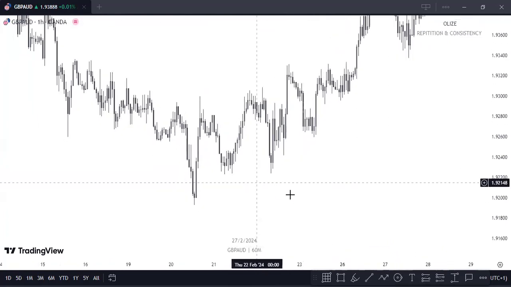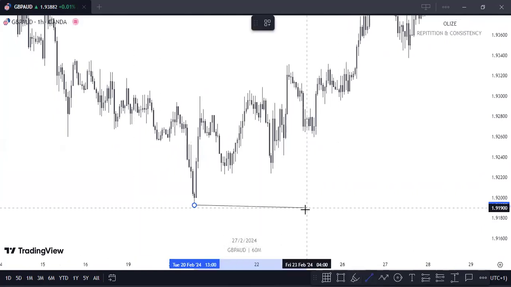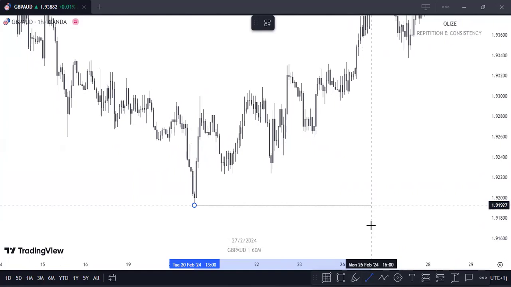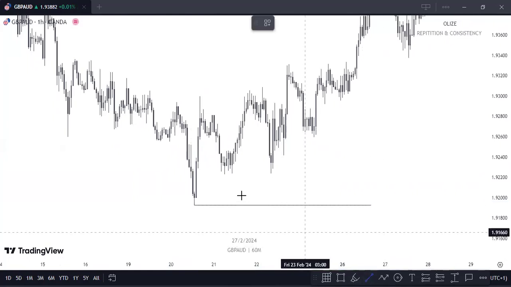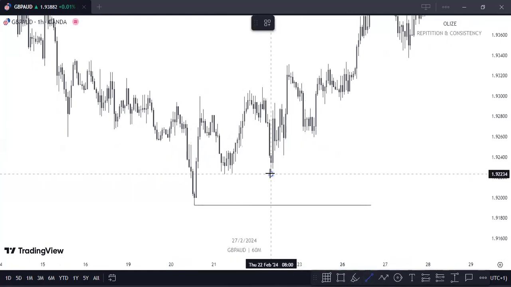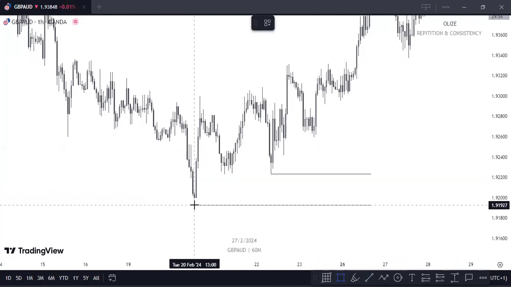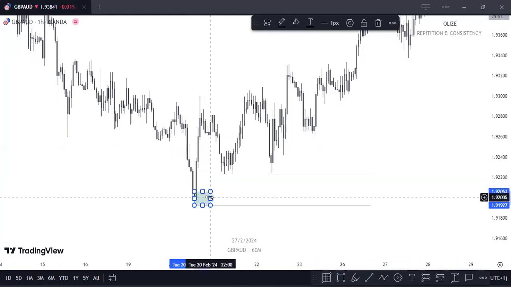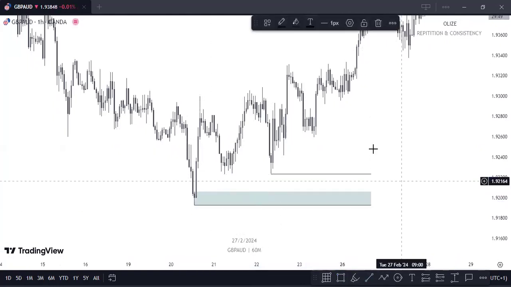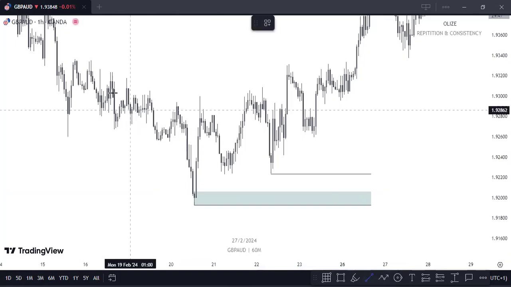Someone here will come and tell me that this is your strong low, this is your inducement, structural liquidity, this is your order block, this is your break of structure.